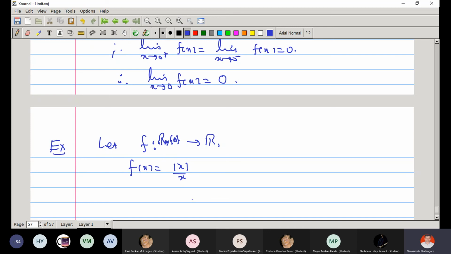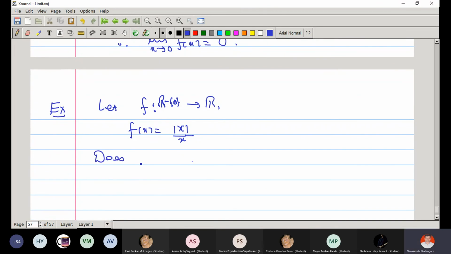I don't want to define it at 0. Is it well defined? Is it defined for every element of the domain? Yes, sir. Right, because the problem could be at 0, but 0 is not in the domain. We have excluded 0.